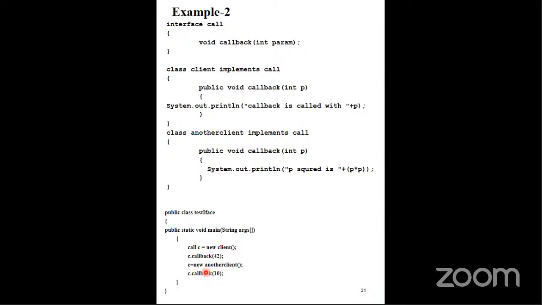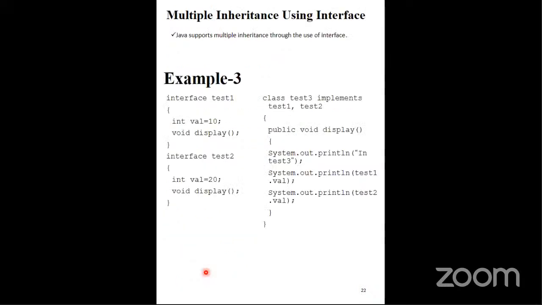Okay, fine. Now, this is multiple inheritance. See interface Test1 and interface Test2. There are two interfaces, Test1 and Test2. They both have the same variable, rather say the same constant, val, with values 10 and 20, and the same abstract method, void display.